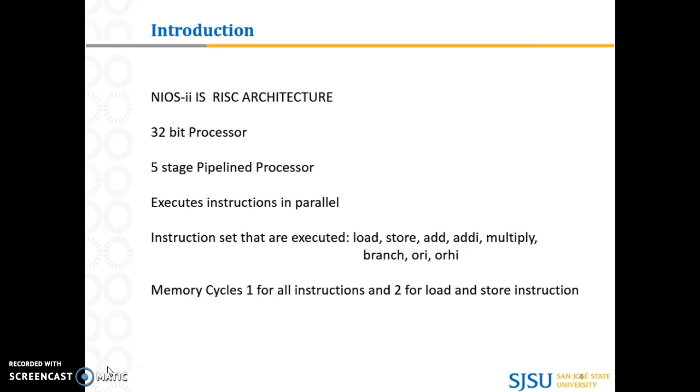The different kinds of instructions in the benchmark programs today are load, store, add, multiply, and branch. It took one cycle for all the instructions and 2 cycles for load and store kind of instructions.